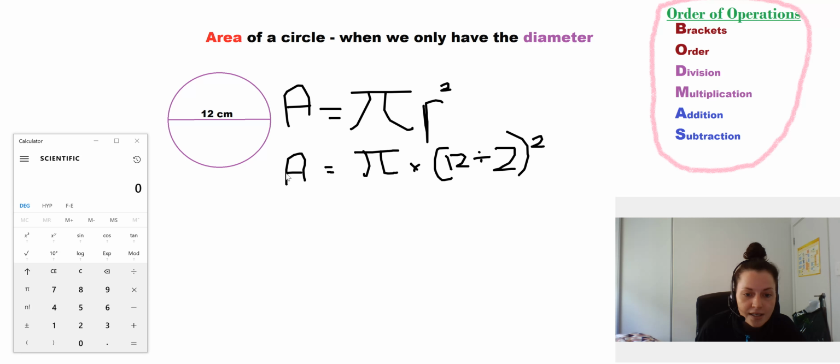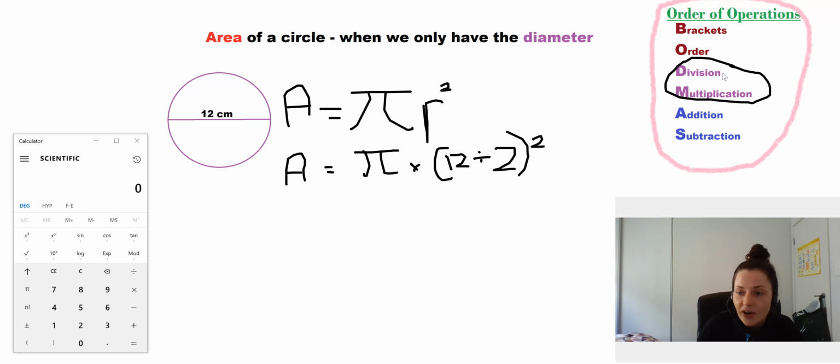All right. Now, according to my order of operations, which you might know as BODMAS, this is telling me what I need to solve first within this equation. So it says everything in the brackets we must solve first. Then we look at our orders, which include our powers. And then we work through from left to right, solving any division or multiplication.